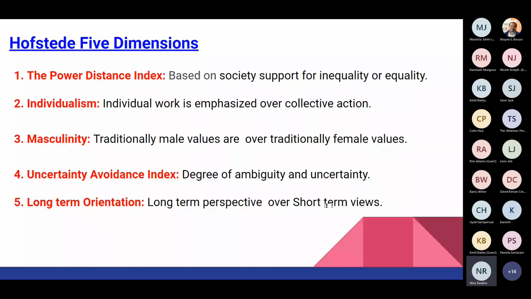Whereas the low power distance index indicates that culture encourages a flat organizational structure and features decentralized decision-making responsibility, a participative management style, and emphasis on power distribution. The individualism dimension means individual work is emphasized over collective action.